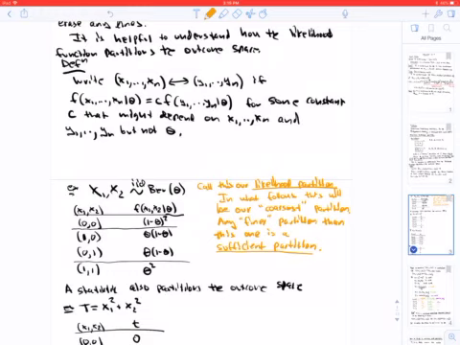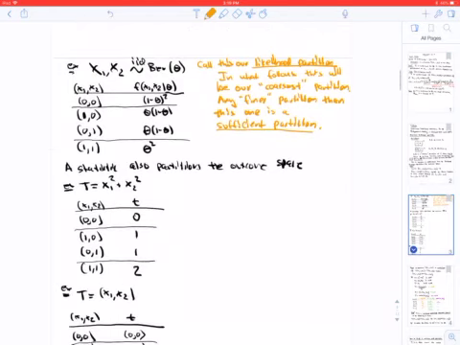So I define an equivalence relation between outcomes here. Two outcomes are equivalent if the likelihood functions are multiples of one another. So, for example, let's say that x1 and x2 are Bernoulli theta.